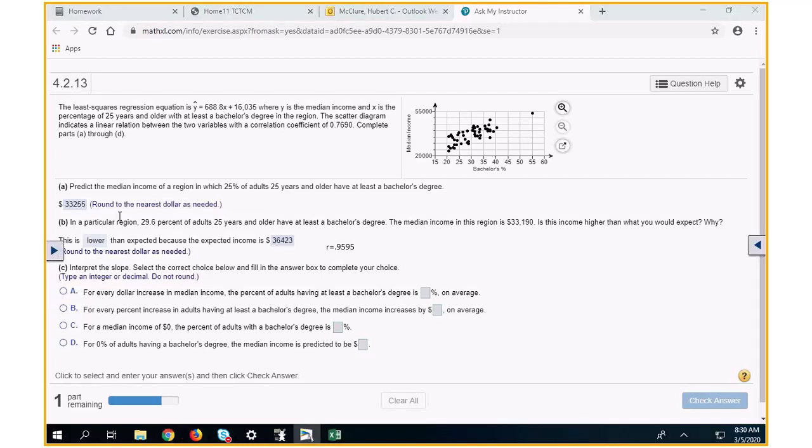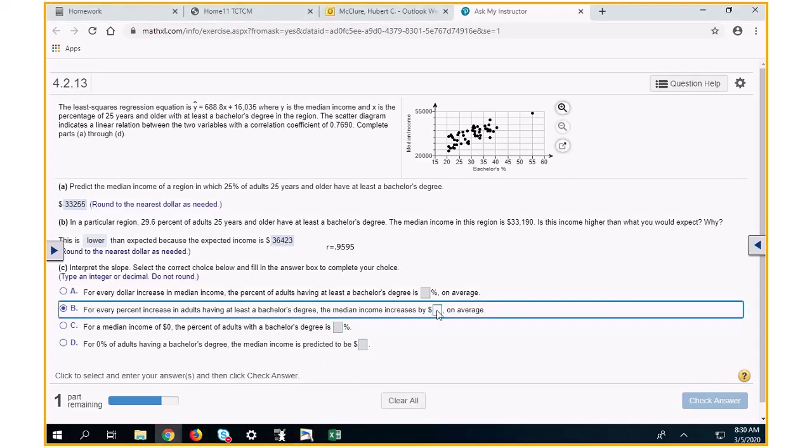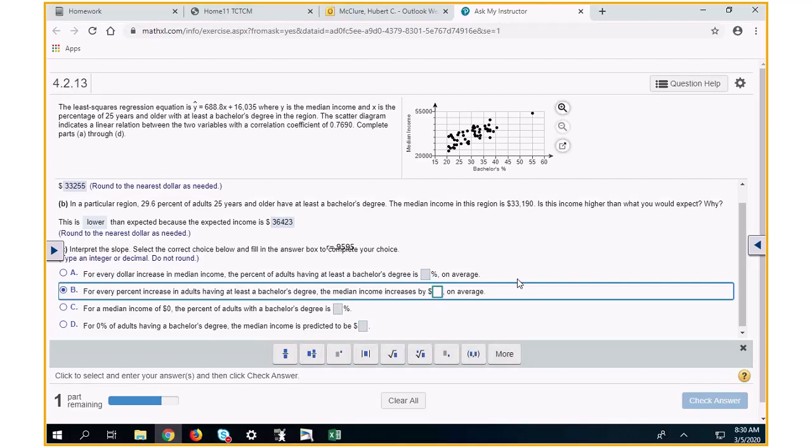For every step you take in the x direction, you're going to move up $688. So which one says that? B, thank you. And that's going to be 688. I don't know if they want us to round. It says type as an integer. So 688.8. I'm going to just do that.